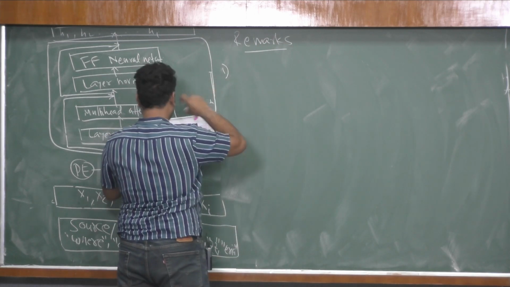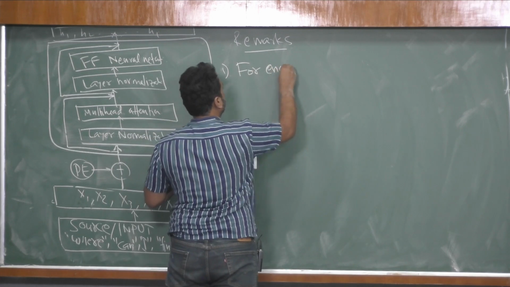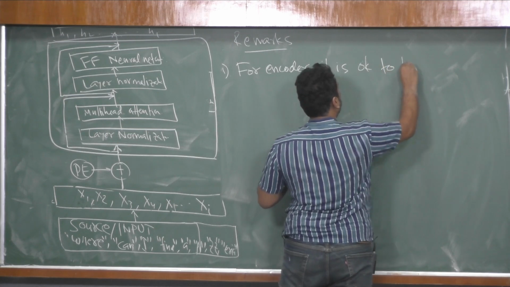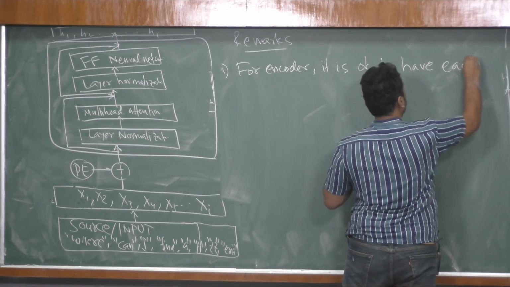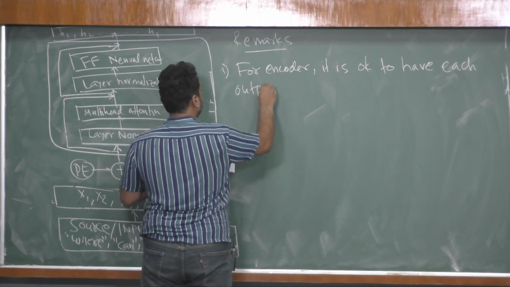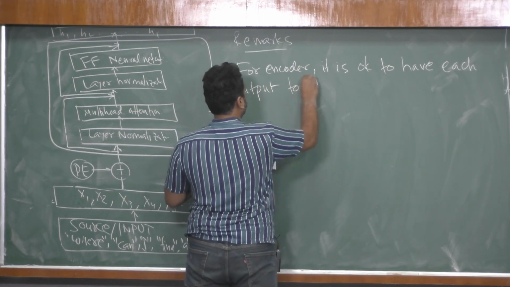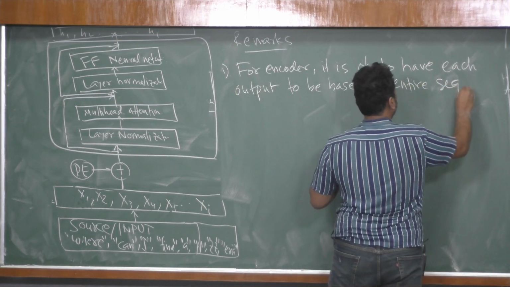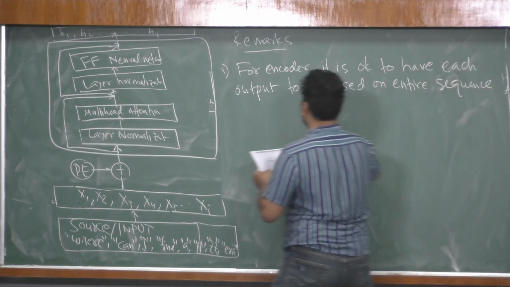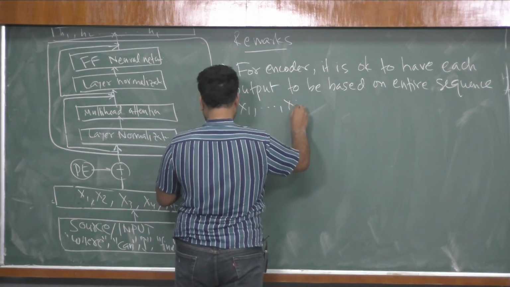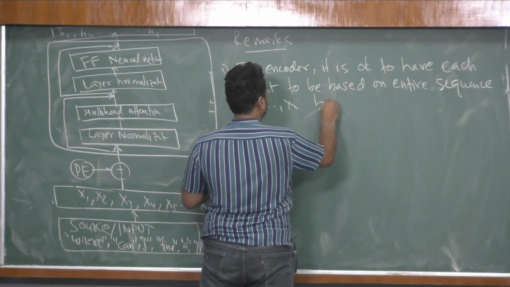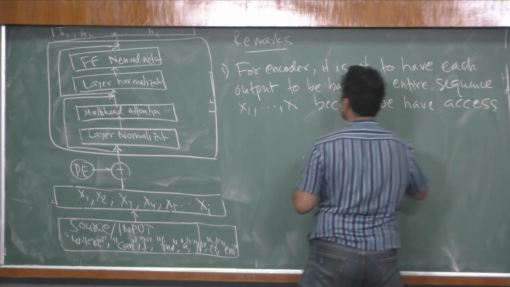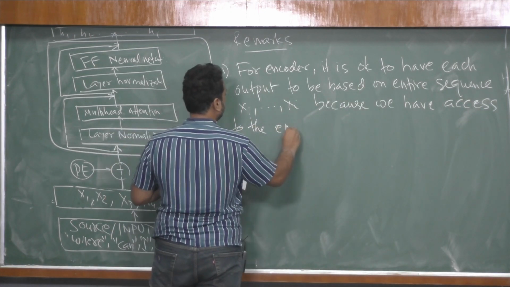For the encoder, it is okay to have each output be based on the entire sequence x1, x2, xi, because we have access to the entire sequence.